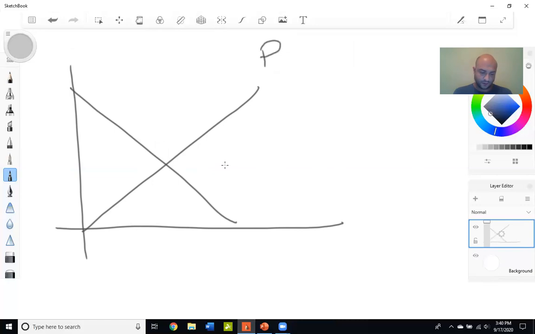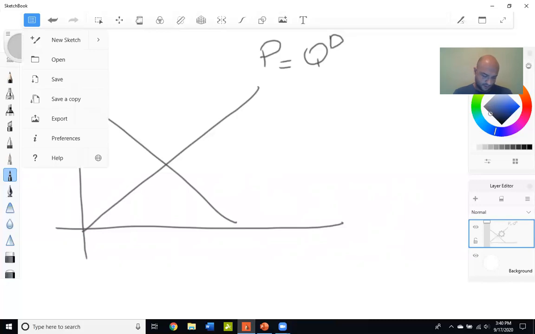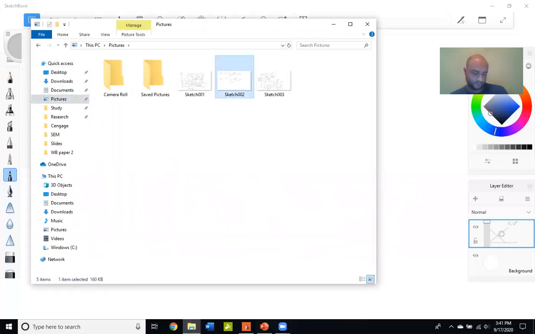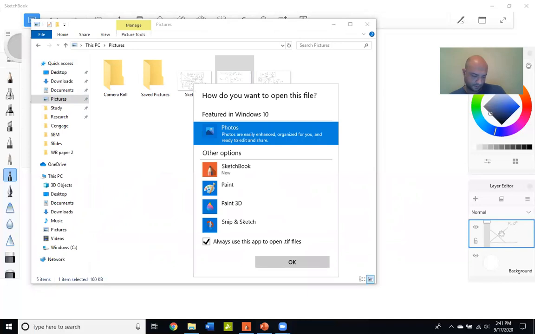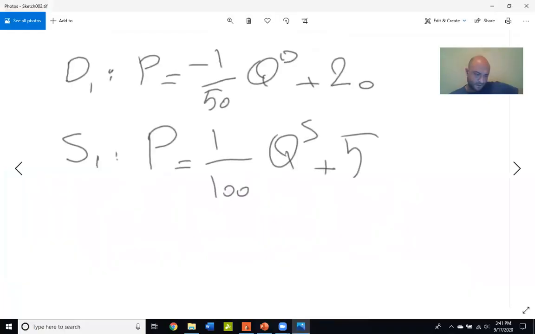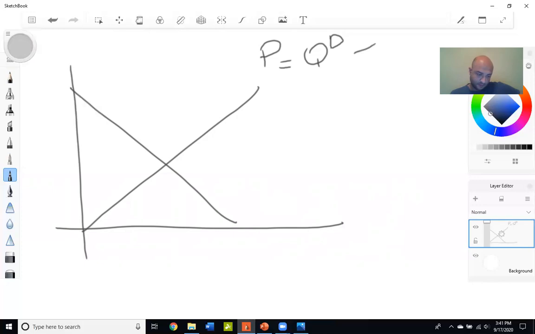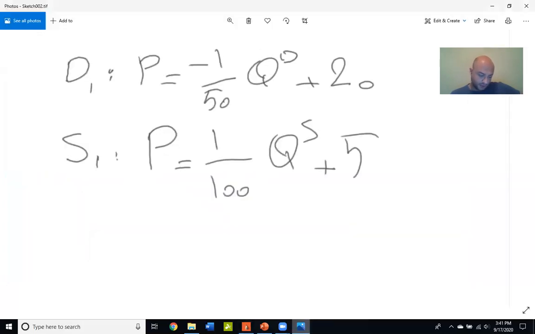The first curve is price equals minus 1 over 50 quantity of demand plus, what was our intercept? 20.